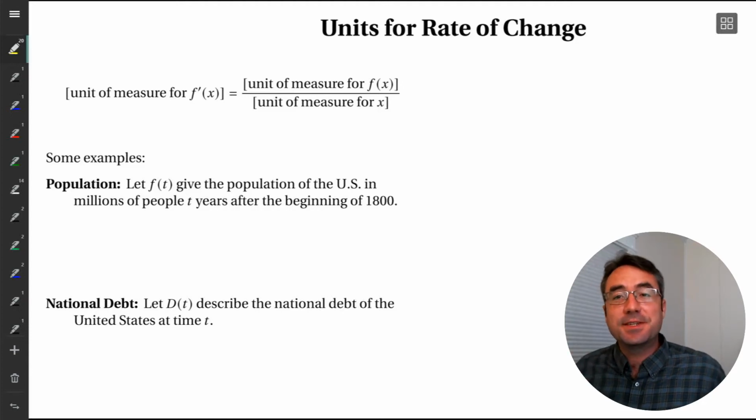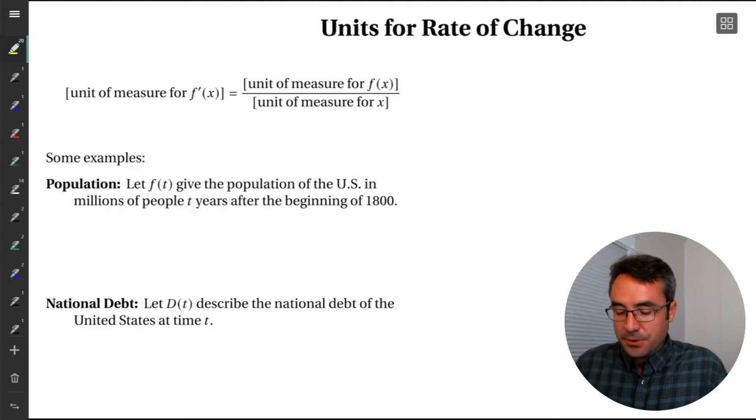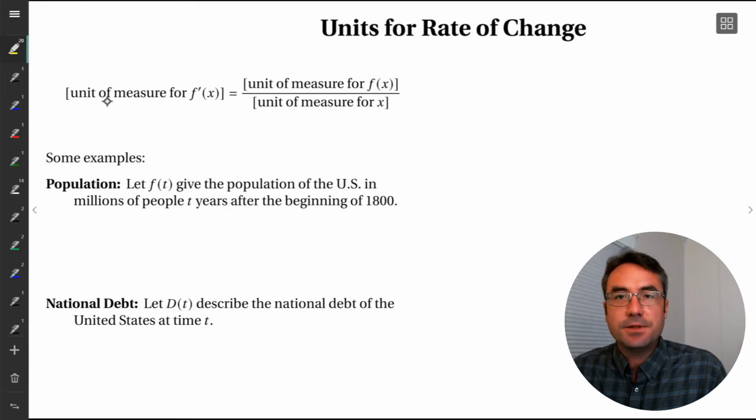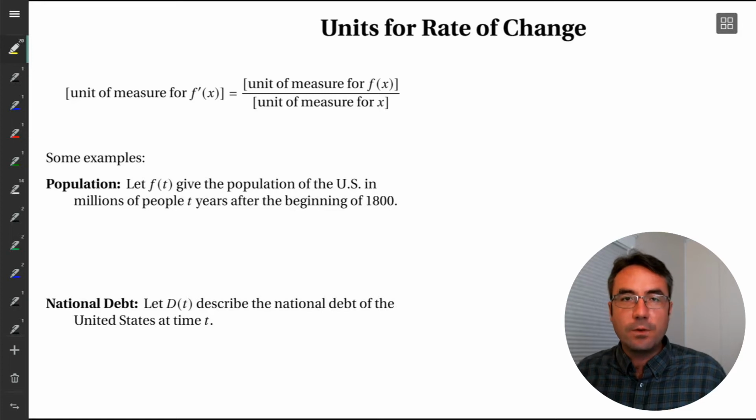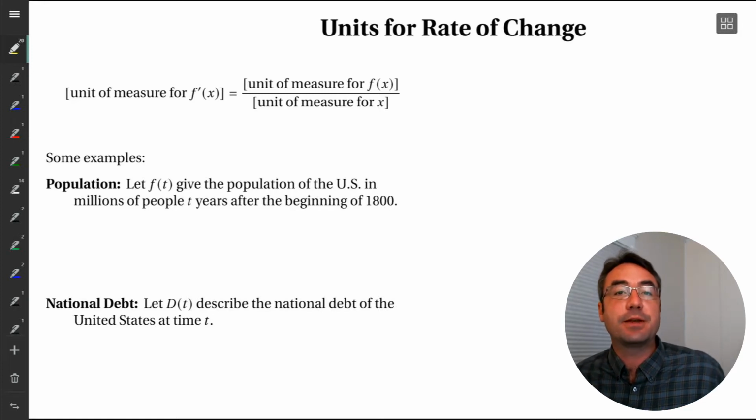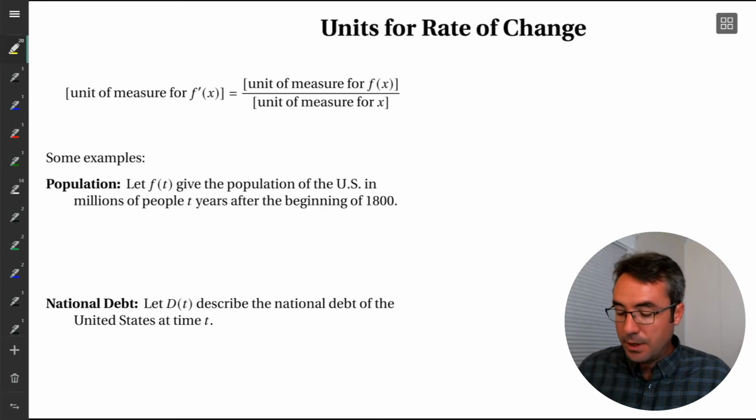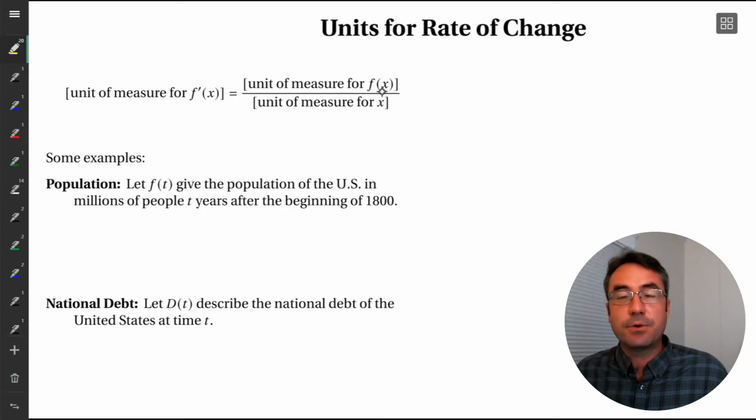All right, so let's consider now just the units that we've been looking at. In general, what is the unit of measure for our derivative f prime? If we have some function f, and we calculate its derivative, what would the units of measure be for that derivative f prime? Well, they're related to the units that we're using for our function f and for our input x.